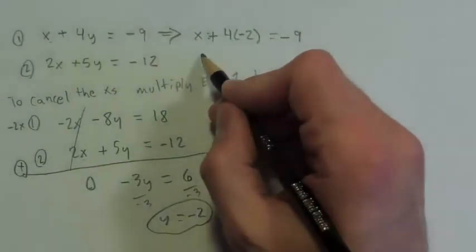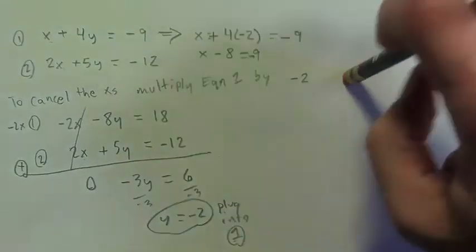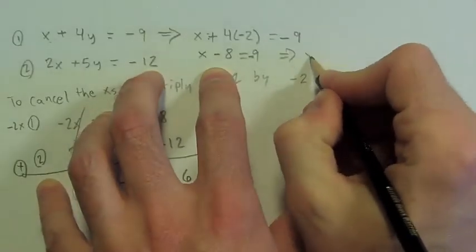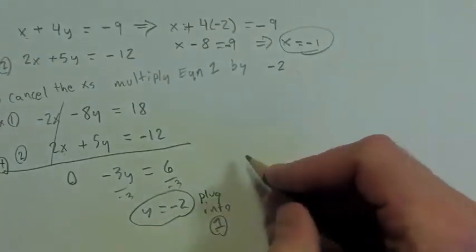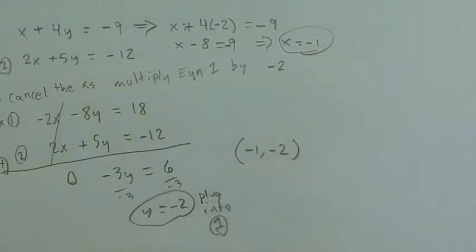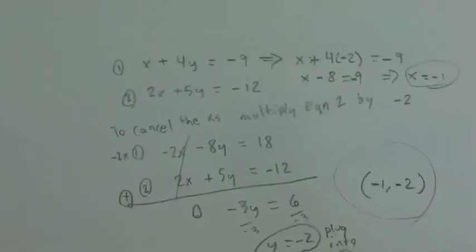So what we end up with is x minus 8 is equal to negative 9. I'm going to add 8 to both sides to get that x is equal to negative 1. Okay, so our solution set ends up being negative 1, negative 2. And that's how I would end up doing this one.